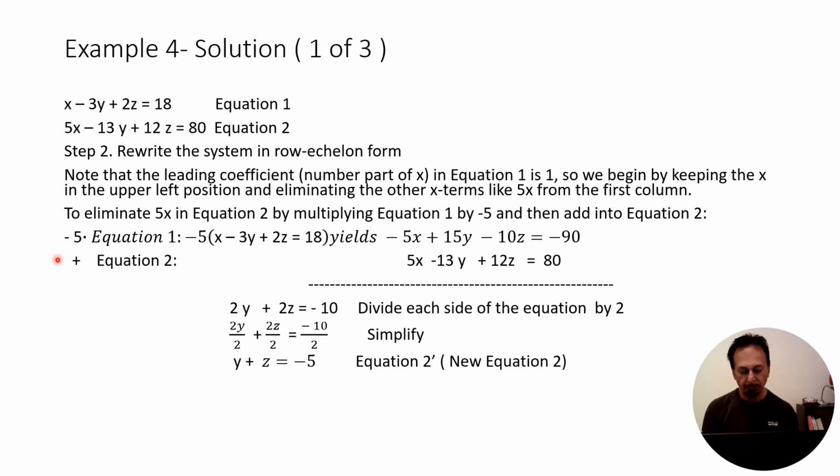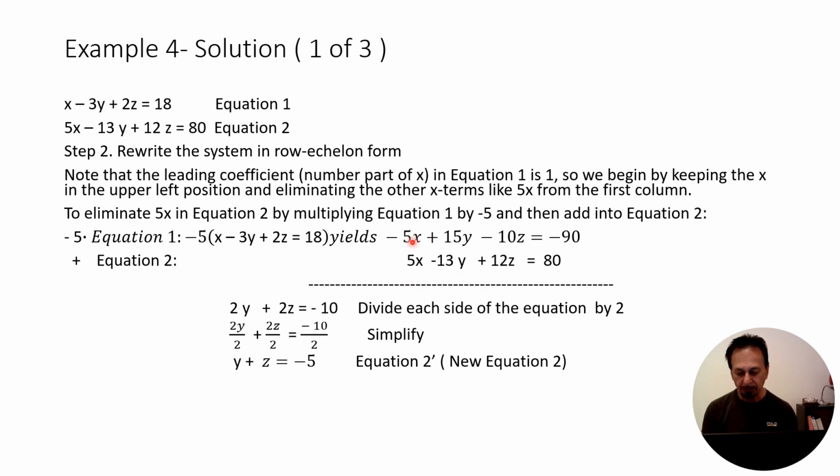So we have negative 5 times equation 1. Equation 1 is x minus 3y plus 2z equals 18. So this becomes negative 5x plus 15y minus 10z equals negative 90. Now we write equation 2, 5x minus 13y plus 12z equals 80.